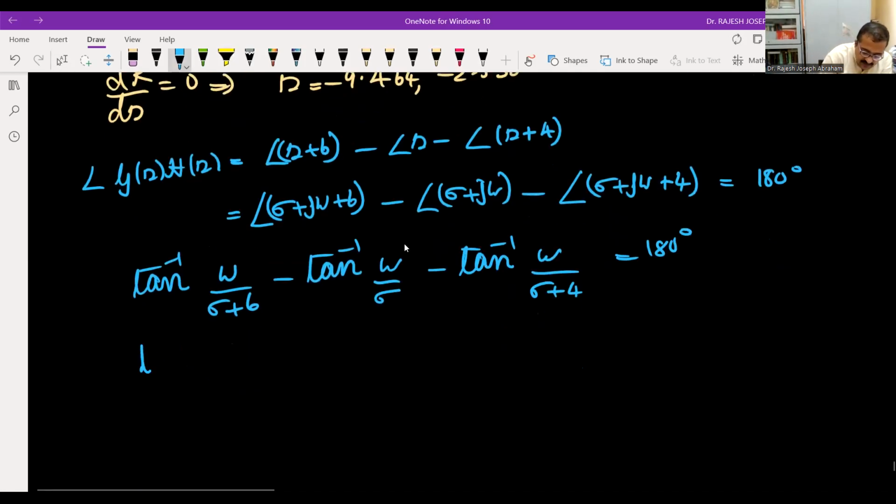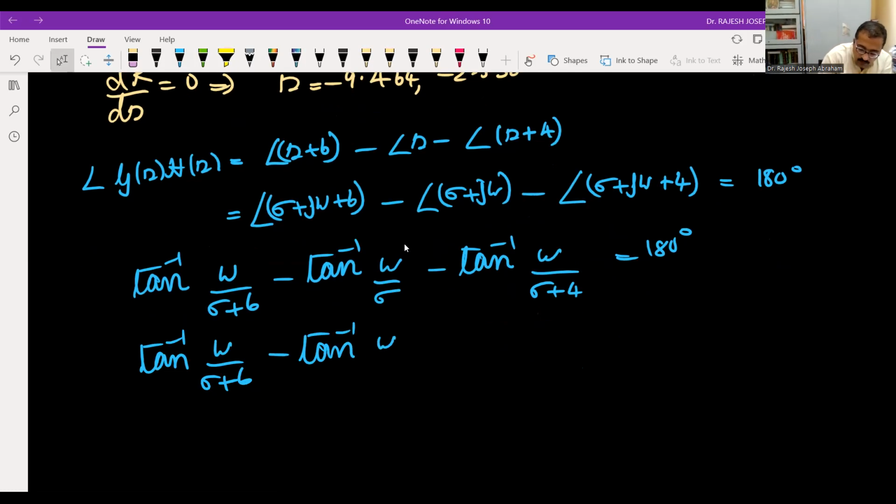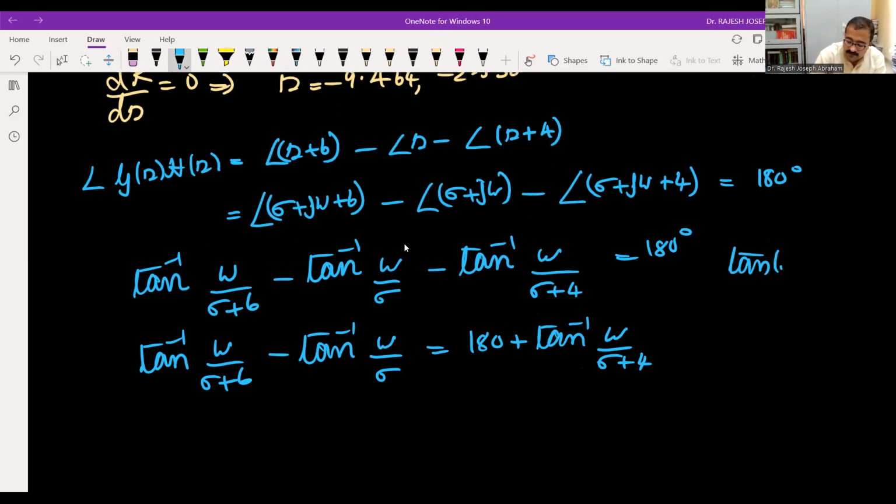So you will get tan inverse omega by sigma plus 6 minus tan inverse omega by sigma equal to 180 plus tan inverse omega by sigma plus 4. Take tangent on both sides. What is tan A plus B? Tan A plus B is tan A plus tan B by 1 minus tan A tan B.